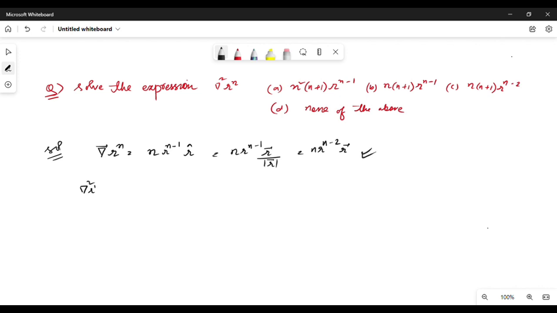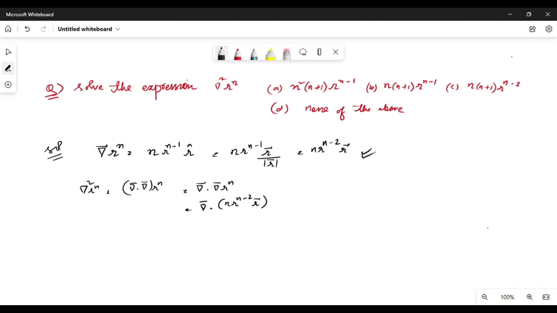That is, del square r to the power n is del into del r to the power n, so I can write this as del dot del r to the power n. Now I shall replace del r to the power n with n r to the power n minus 2 r bar, sorry, not r cap, r bar.